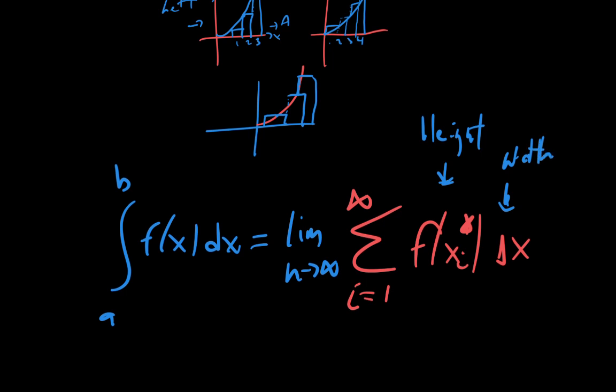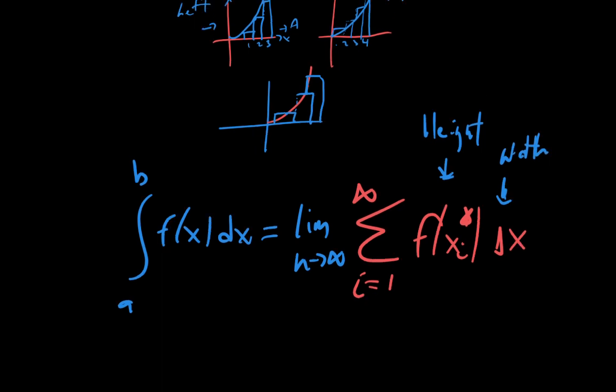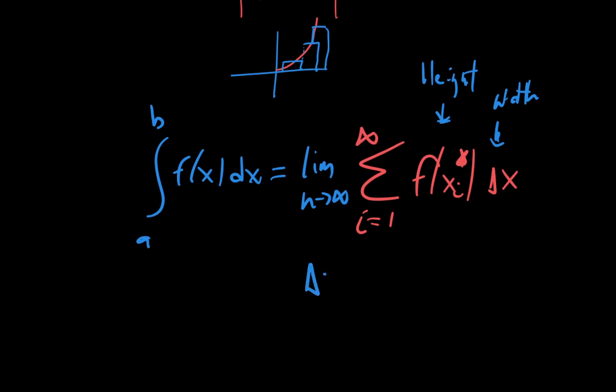So as n grows, delta x becomes smaller and smaller because delta x is equal to b minus a over n.